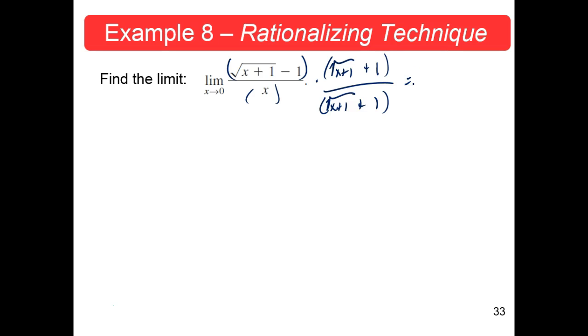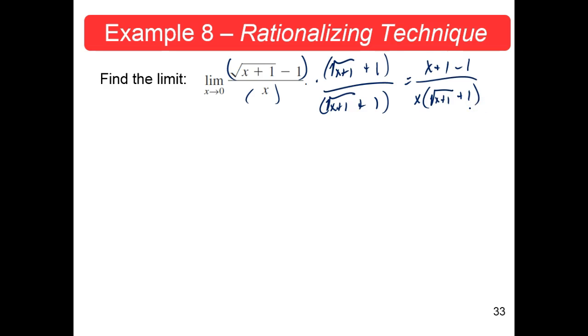You tell me. X plus 1 is the first term. It's actually two terms. And what's the next part? Minus 1. Okay. There's your numerator, denominator. Just leave it like it is. X times the square root of x plus 1 plus 1.